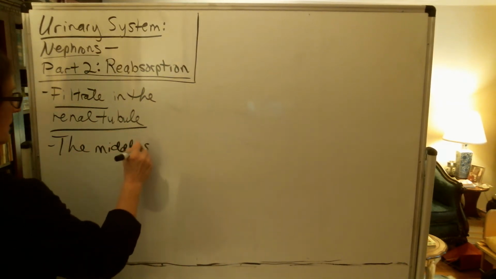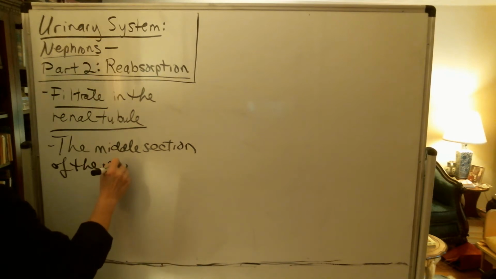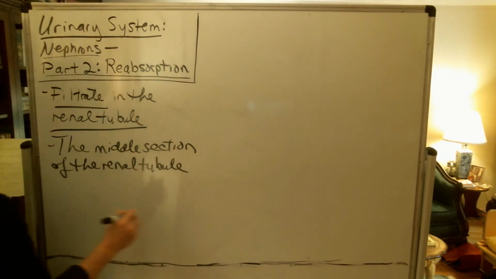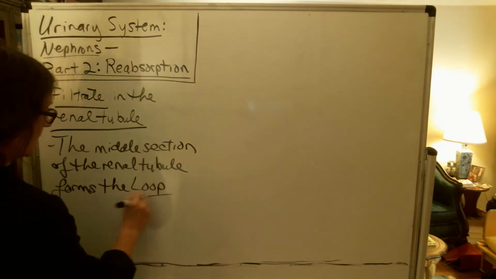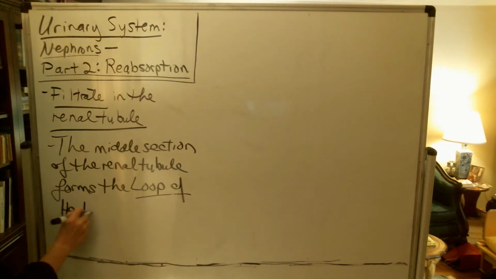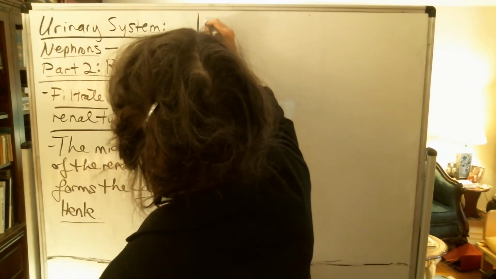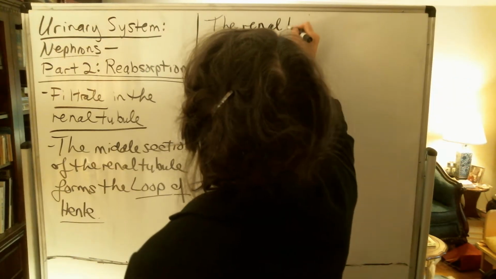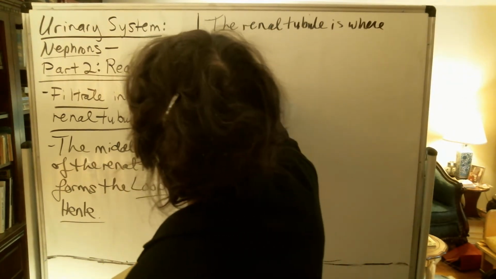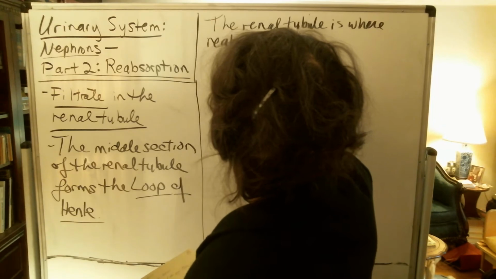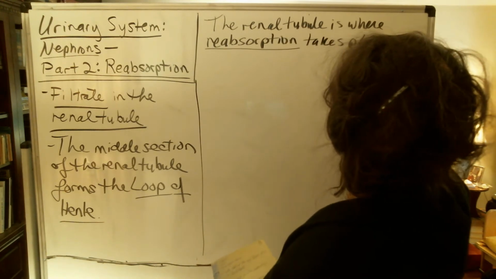And the middle section of the renal tubule forms the loop of Henle, and the renal tubule is where reabsorption takes place.